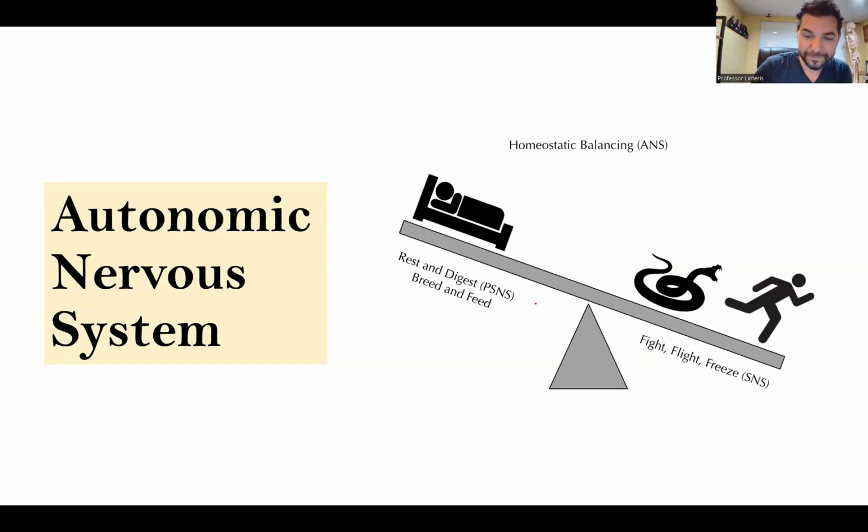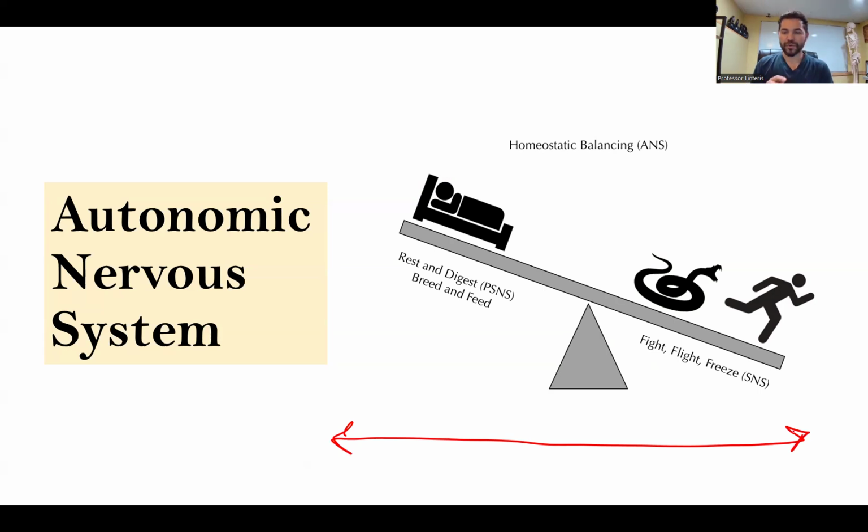I like that this slide shows it like a tilting scale. You can shift the body more towards a fight or flight response, or more towards a rest and digest response. You can't have both completely activated at the same time, which is why I like the homeostatic balancing analogy here.